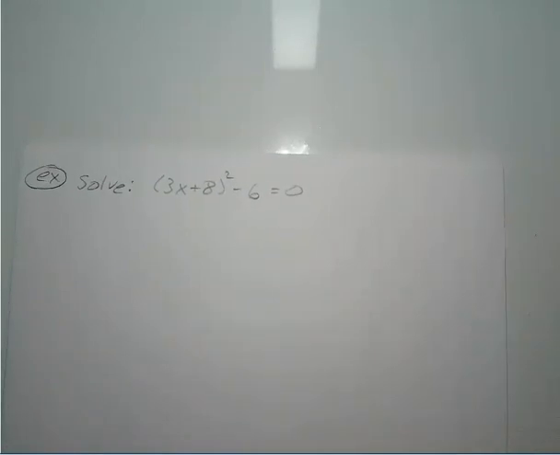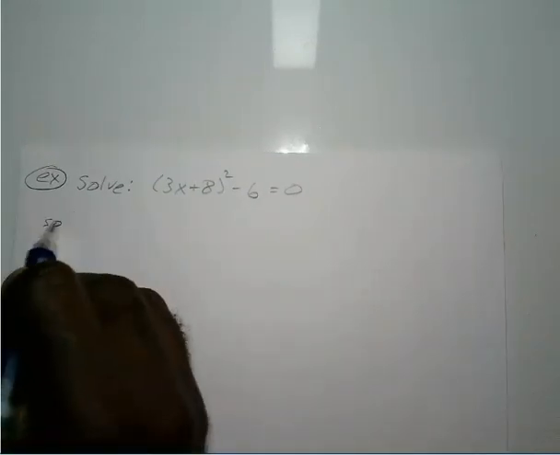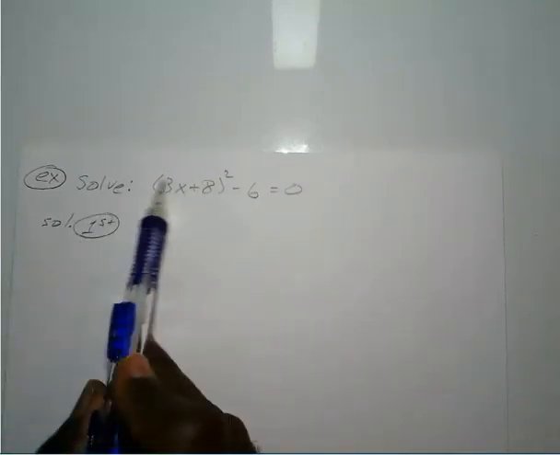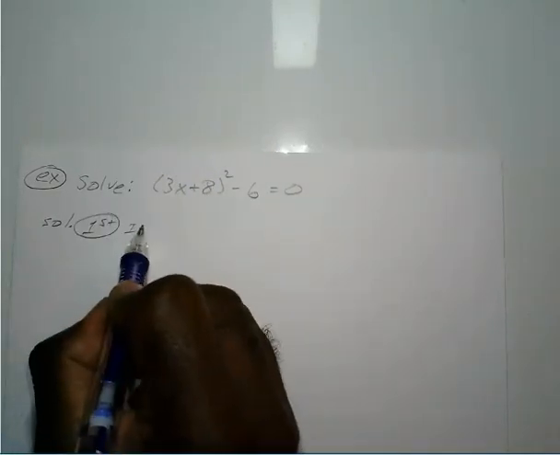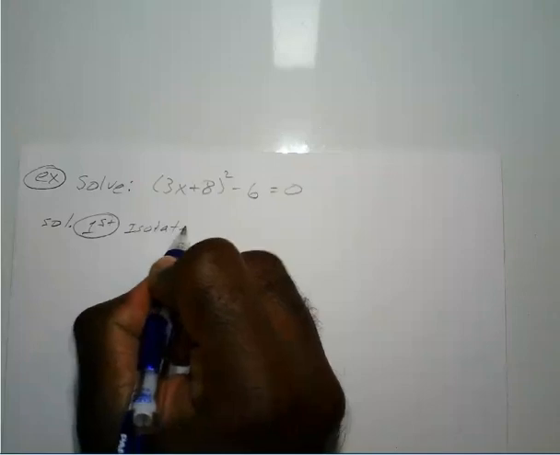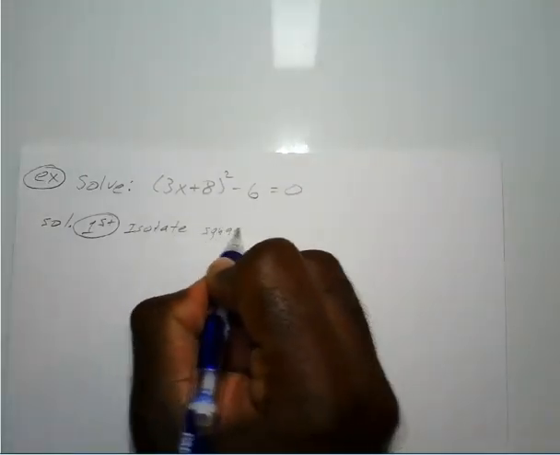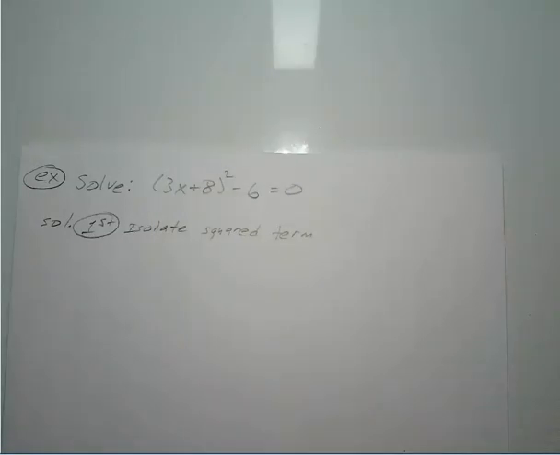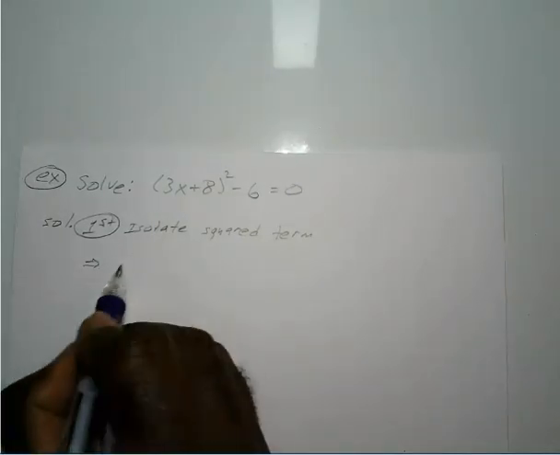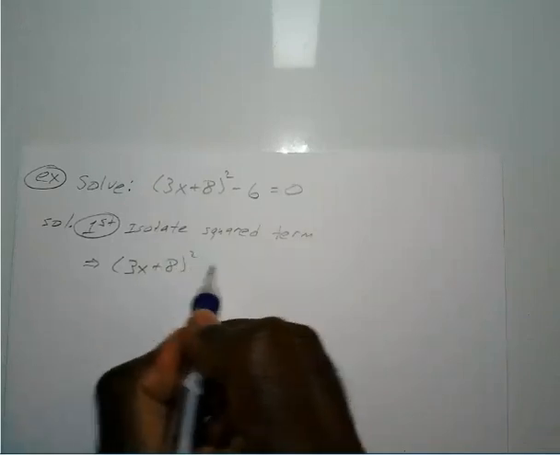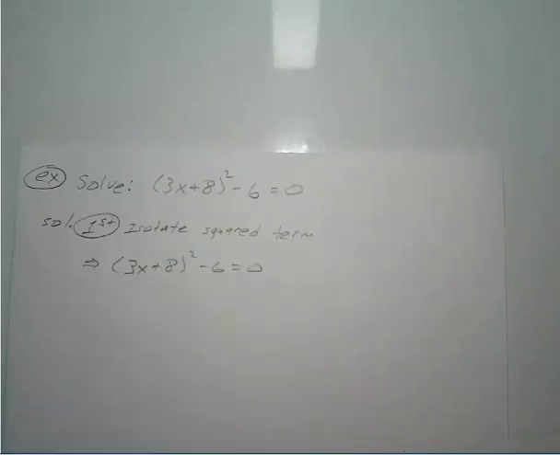All right, so just like before, your first step is to isolate your squared term. So our (3x + 8) squared minus 6 equals 0.